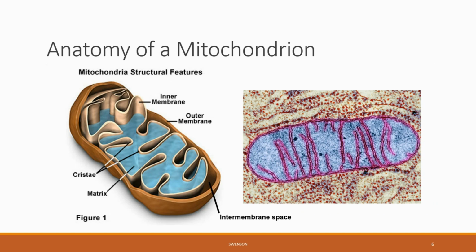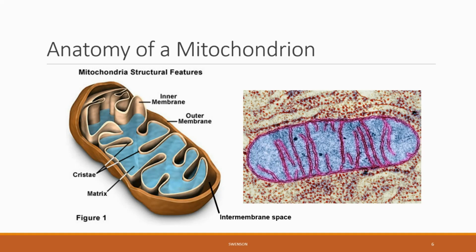Cellular respiration is really the chief function of the mitochondria, and therefore its anatomy is set up in such a way as to maximize this ability. We've shown a few microscopy images of mitochondria, but this figure is a better representation of its structural features. The mitochondria has two lipid membranes.